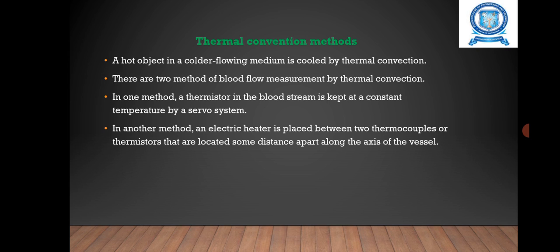The electrical energy required to maintain this constant temperature is the measure of the flow rate. In the other method, an electric heater is placed between two thermocouples or thermistors, located some distance apart along the axis of the vessel. The temperature difference between the upstream and the downstream sensor is a measure of the blood velocity.